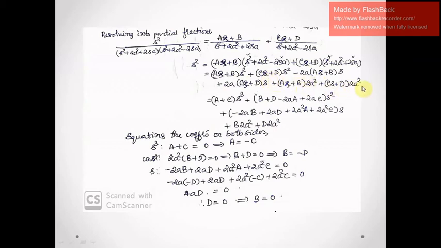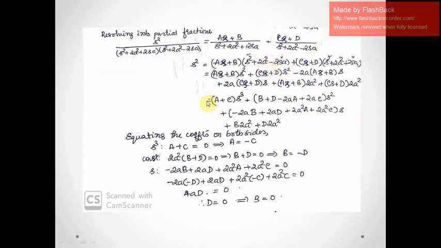There is nowhere I will get s cube here. So the terms with s cube are As into s square and Cs into s square. That means when I take s cube common, A will be left. When I take s cube common, C will be left. So the coefficient of s cube is A plus C. This is s cube, its coefficient is A.